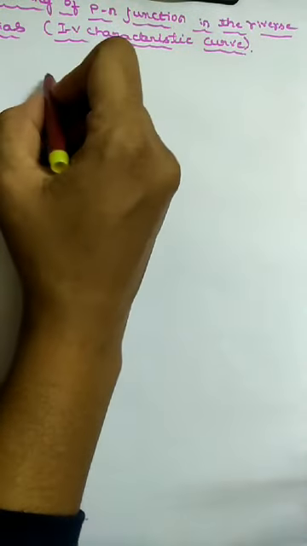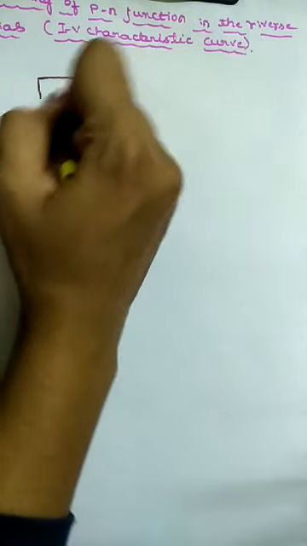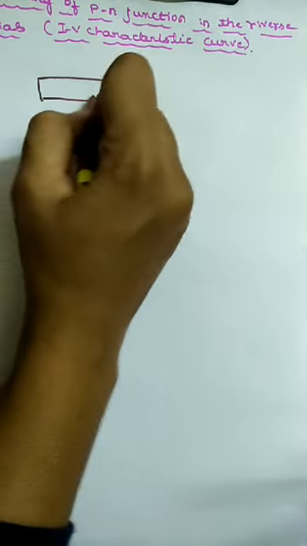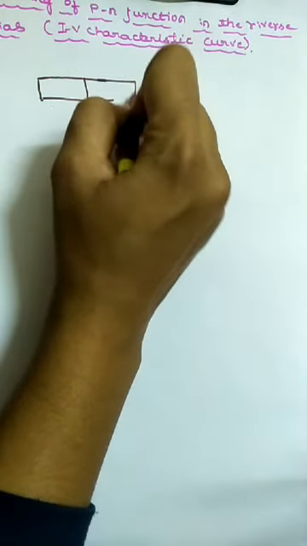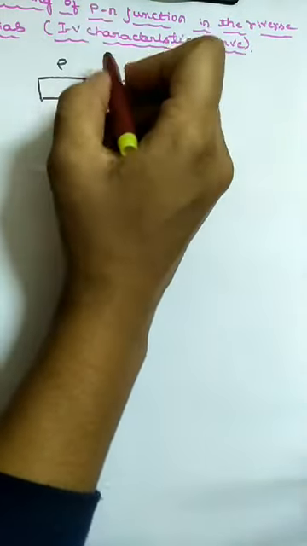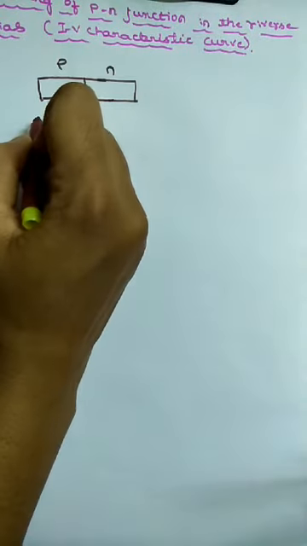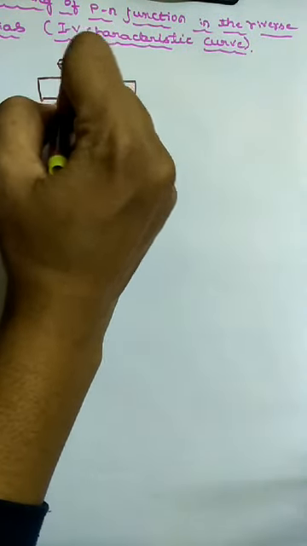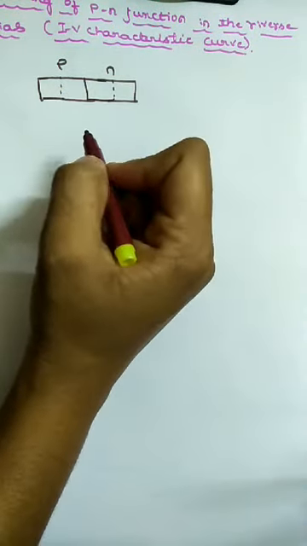Let us first draw the diagram. This is the P side and this is the N side, and here is the potential barrier.